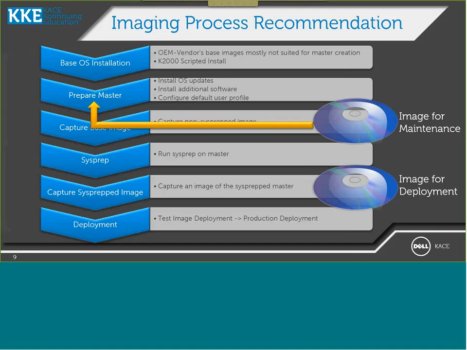And secondly, if we restore that non-sysprepped image to a machine and update it, it's like having a fresh install of a machine that has never been sysprepped before. If you reset the grace period for the activation, you can only do that 3 times in the sysprep process. That's why we use a non-sysprepped image.